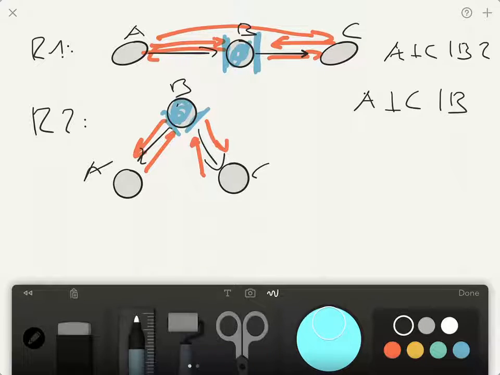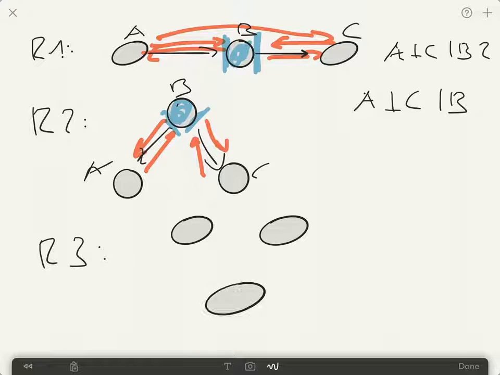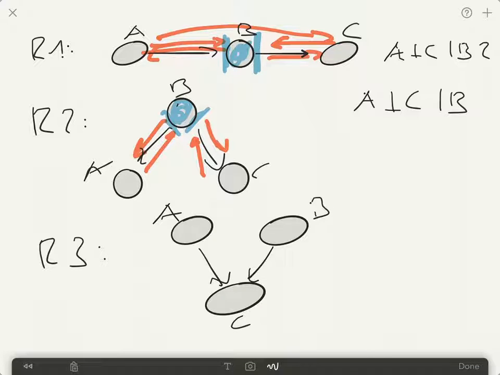Now rule number three, I call it the all-in-one rule. We have two nodes here and one node here, and all nodes flow to one node. Now if we want to throw a ball from A to B over C, we throw it to C, but it just falls down.